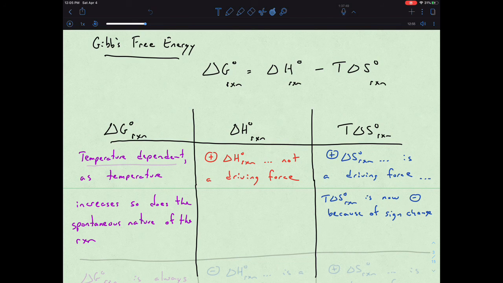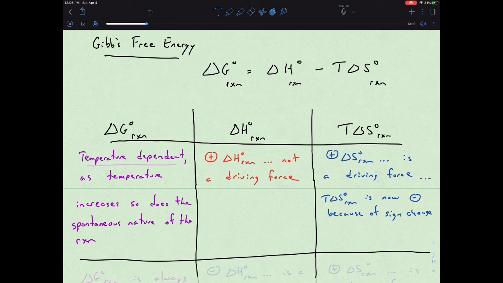In this case, we have not a driving force, which is the delta H. We have a driving force, which is delta S. And because of that idea of one contributing to spontaneity and one not contributing to spontaneity, that's where temperature is going to come into play.